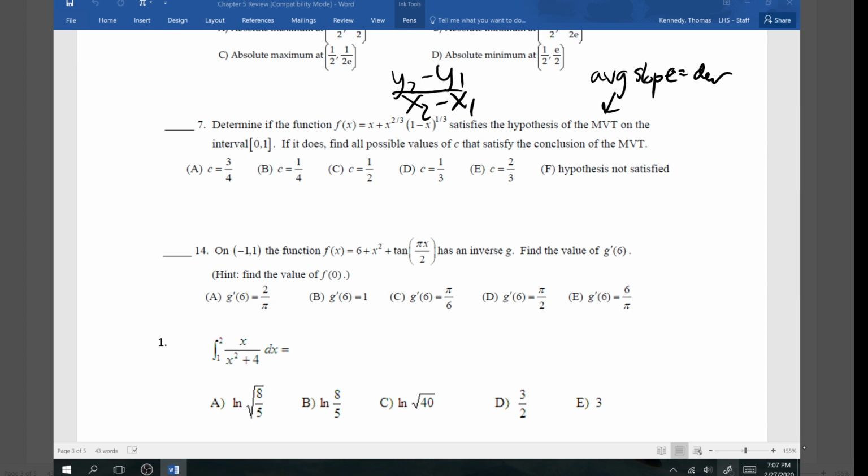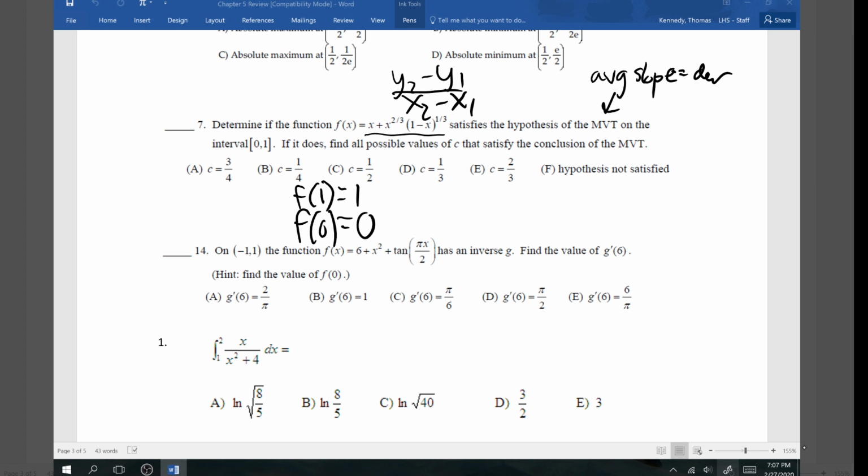And so we have to find the average slope by plugging in 1 and 0 into this original function here. 1 plugged in gives us 1 plus 0, so f of 1 is 1. If I plug 0 into that original function, I get 0 plus 0 times 1, which is 0.